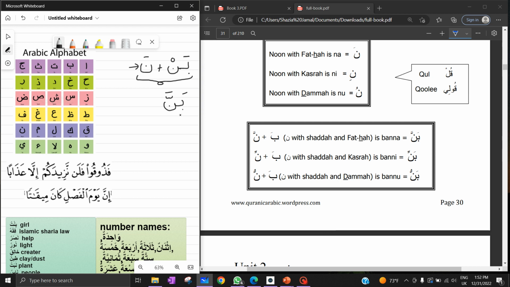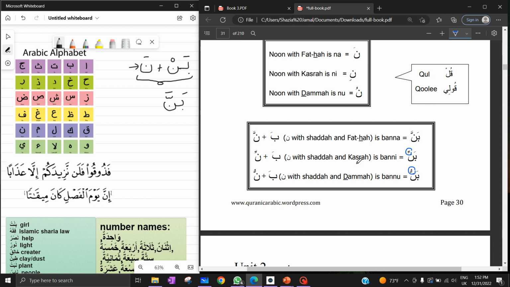That's how you will pronounce the letter with a shadda. Same with ban ni, as you can see there is a kasra below the shadda. And in ban nu, shadda with a dhamma. First noon with sukoon, the other noon with dhamma.